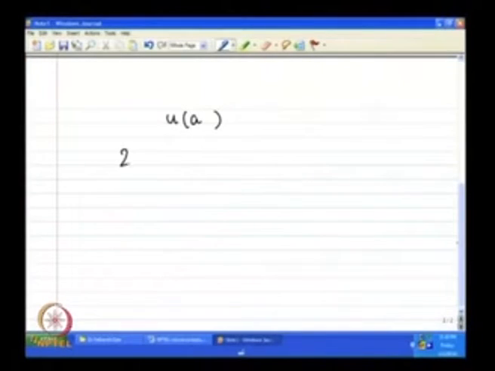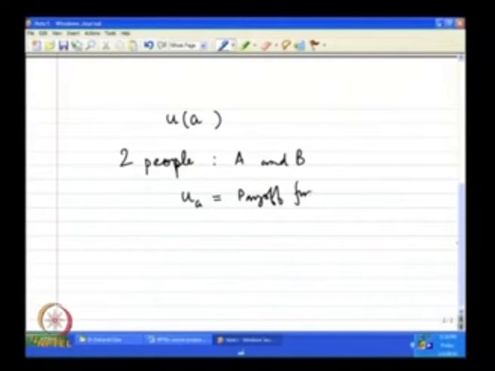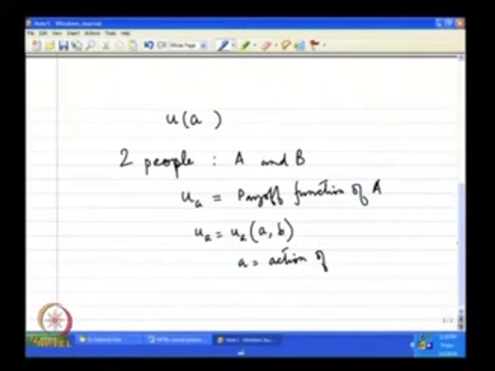So, it might be the case that there are two people, maybe A and B, and suppose UA is the payoff function of A. Then we know UA is of this form: UA is a function of small a and small b, where small a is the action of A and small b is the action of B. And that makes it more complicated but interesting, because when capital A is choosing his action, maybe small a, that is affecting UA, but that is not the only thing affecting UA.